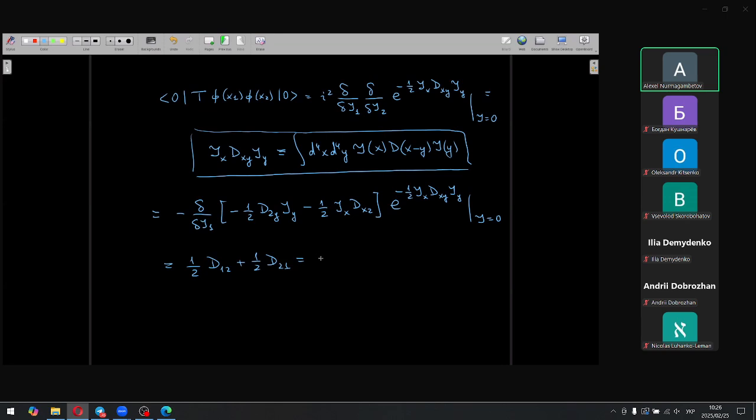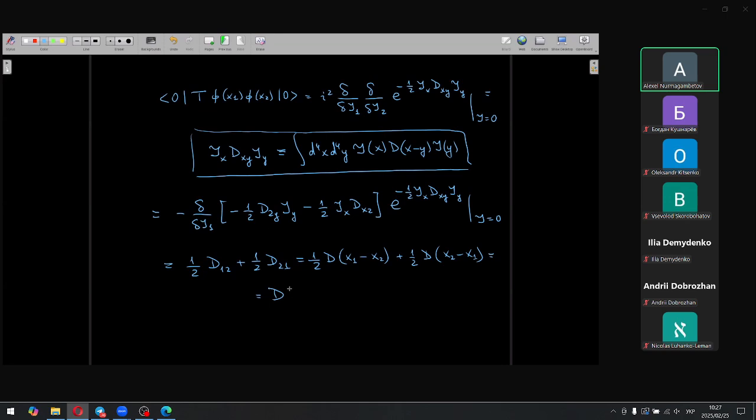That means that we have 1/2 d of the difference of points x1 and x2 plus 1/2 d on the inverse difference x2 and x1. But this sum is nothing but the definition of what is usually called the Feynman propagator.